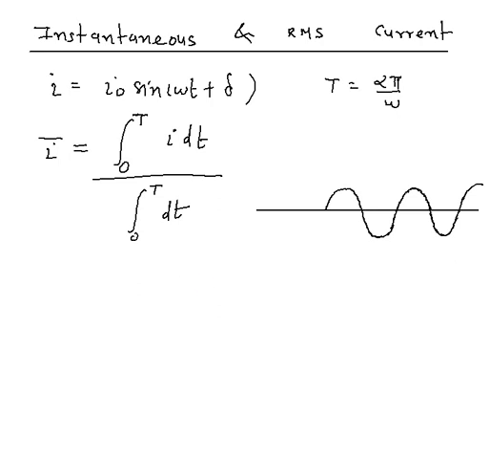And t is this distance in time from here to here. Or you can say from here to here, whatever suits you. Or you can say from here to here to here, this is t, this is I. So here to here, or here to here, or here to here, they're all same.